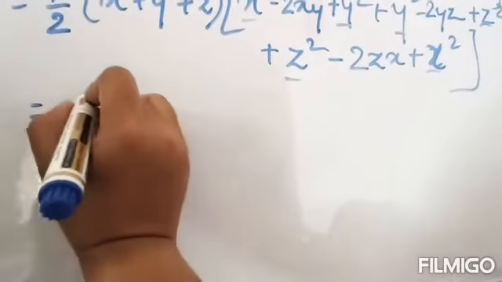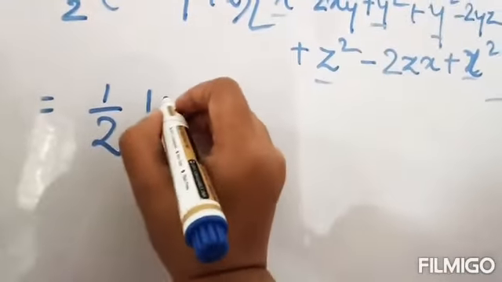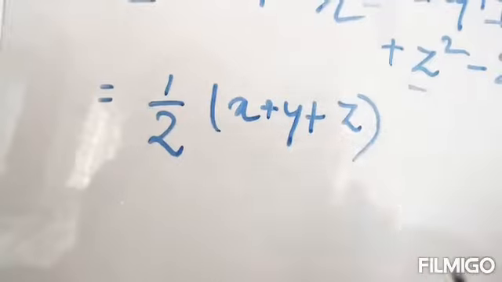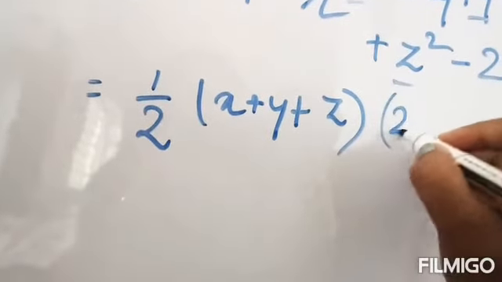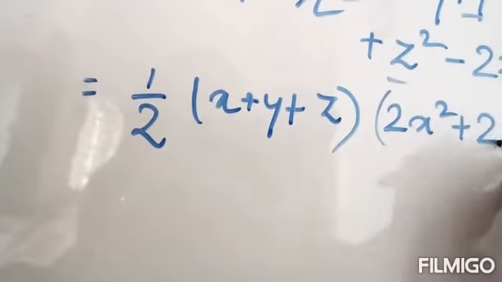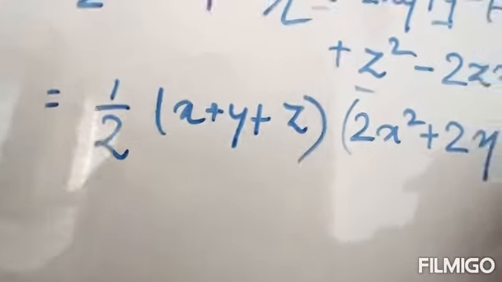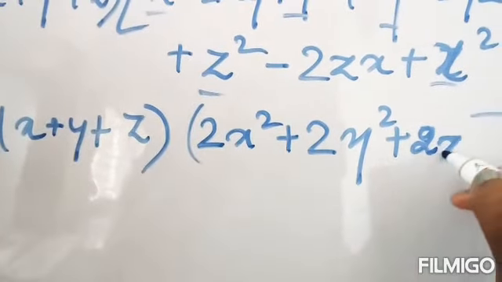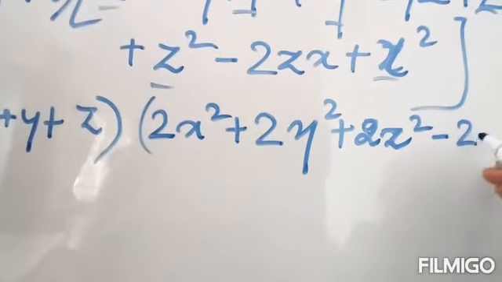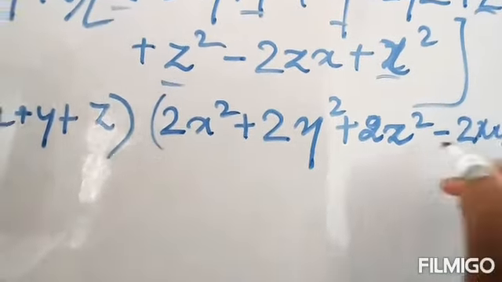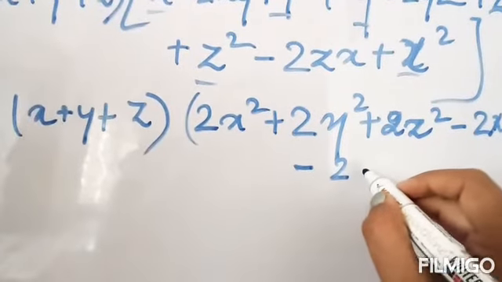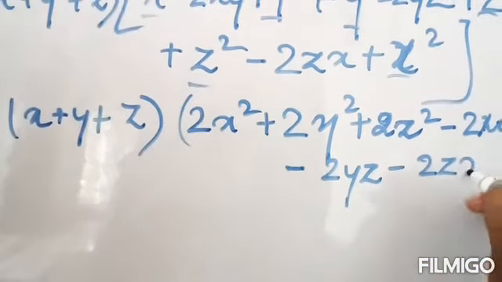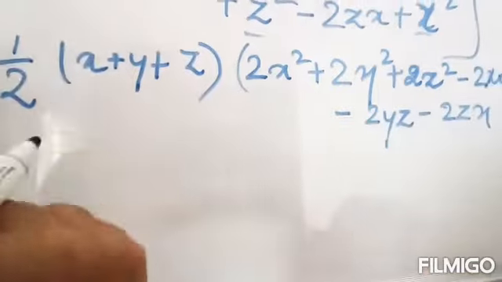So directly we will write 1 by 2 into (x plus y plus z) into (2x square plus 2y square plus 2z square minus 2xy minus 2yz minus 2zx). Now let us take 2 common.